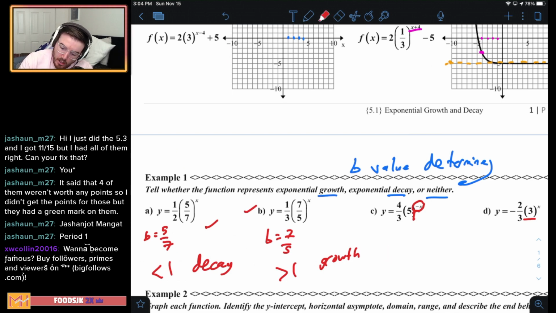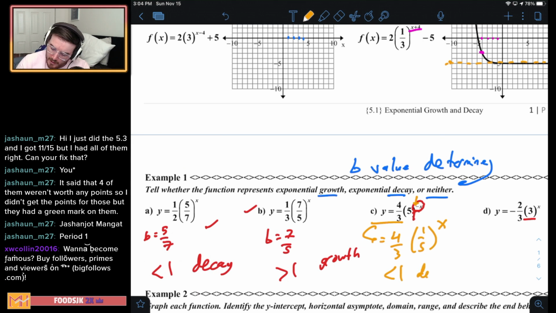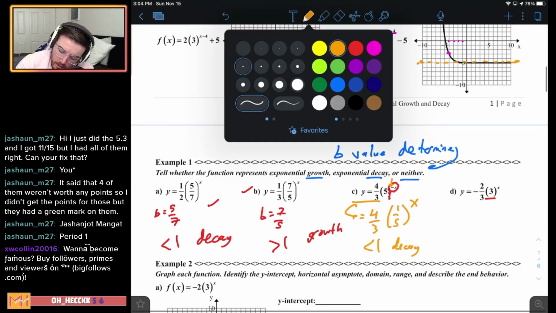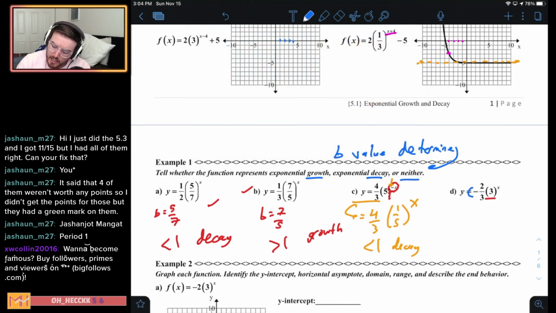So right here, we're actually looking at that. This is equal to that due to the negative. So this is less than 1. So therefore, decay. And check this out. This negative here, that negative there, what is that doing?